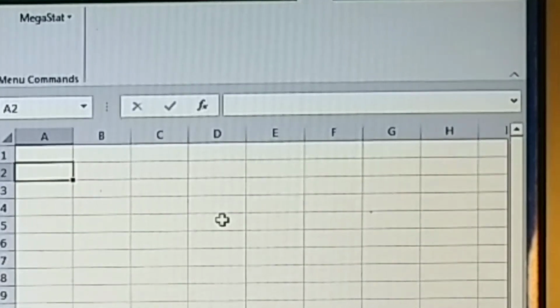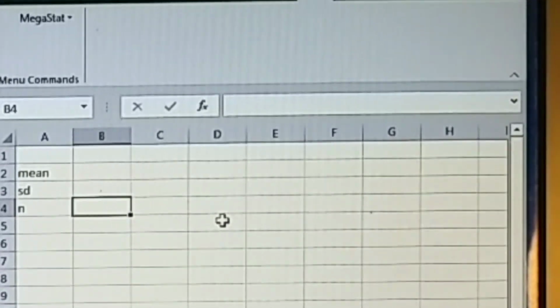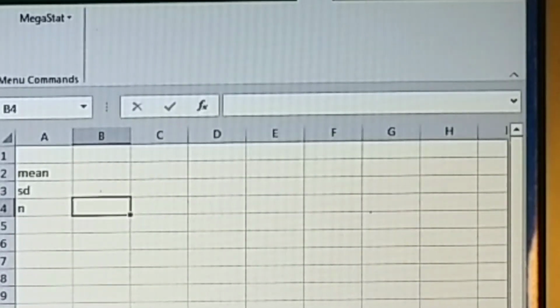We write here mean, SD, and N. The number of samples is 25.